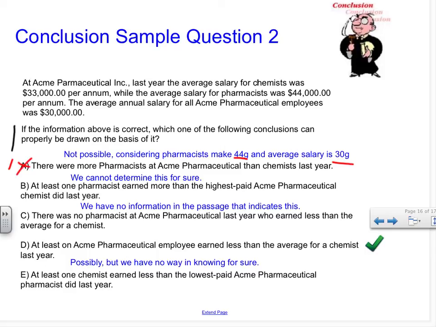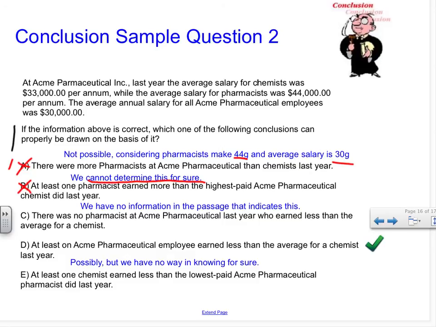So A is eliminated. B, at least one pharmacist earned more than the highest paid Acme Pharmaceutical chemist did last year. Again, this is possible, but just based on the numbers that we were given, we cannot determine this for sure. It could be, but we don't know, so we're going to get rid of B. Let's read C. There was no pharmacist at Acme Pharmaceutical last year who earned less than the average for a chemist.